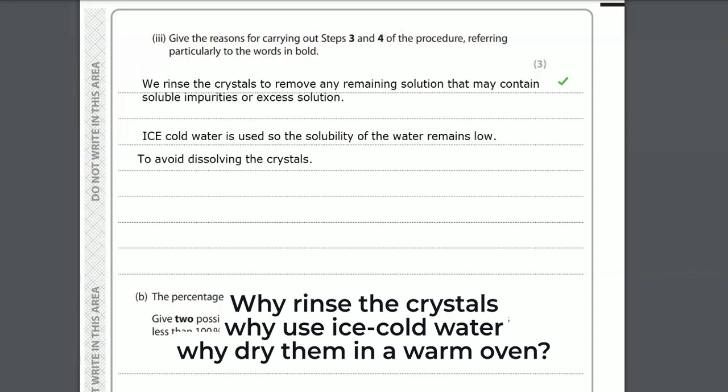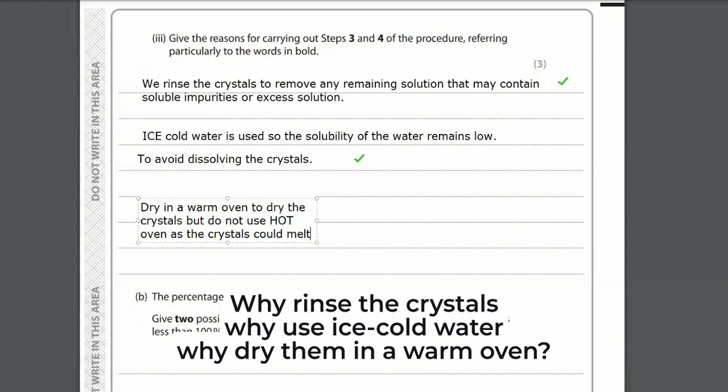Right, let's do the last bit here. So what was the last bit? Why did we dry them in an oven? Obviously, we want to dry the crystals. Simple, isn't it? Oh, it was a warm oven. Dry in a warm oven to dry the crystals. They're focusing on the word warm, but do not use a hot oven as the crystals could melt.